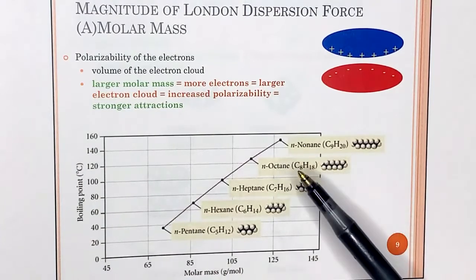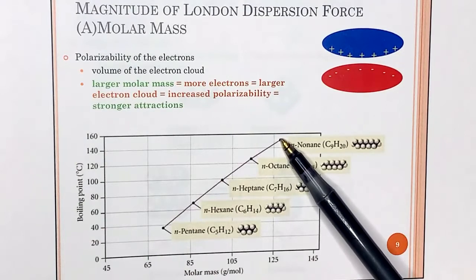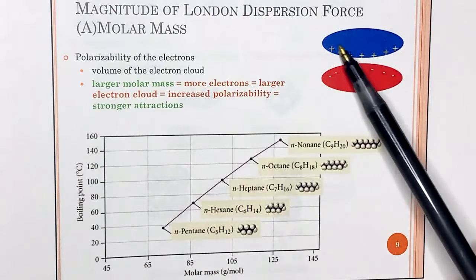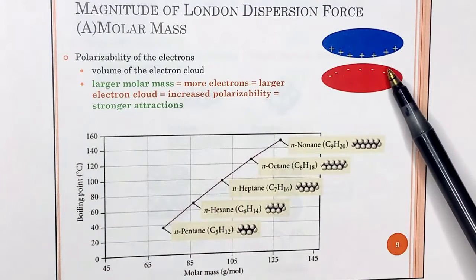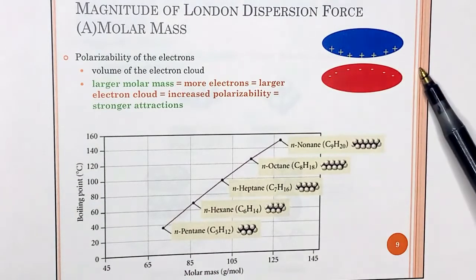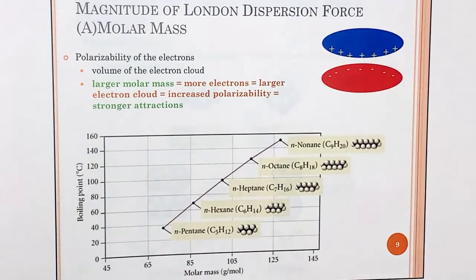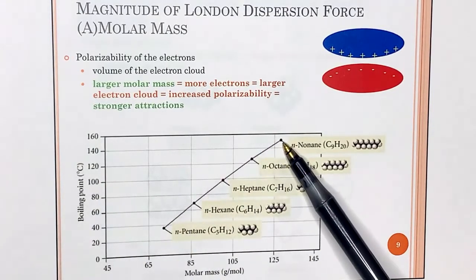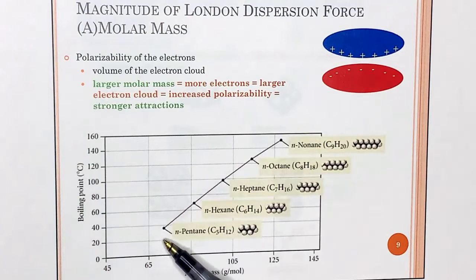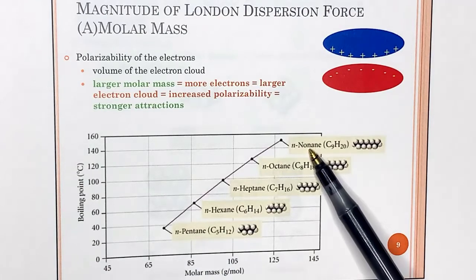Something that's heavier will have a higher intermolecular force, and because they're more strongly attracted to each other, it's harder to break them apart to turn them from liquid into gas. That's why the boiling point is higher for nonane, and the boiling point for pentane is lower because it has a lower molar mass, so fewer electrons to line up, and the temporary induced dipole is weaker than in nonane.